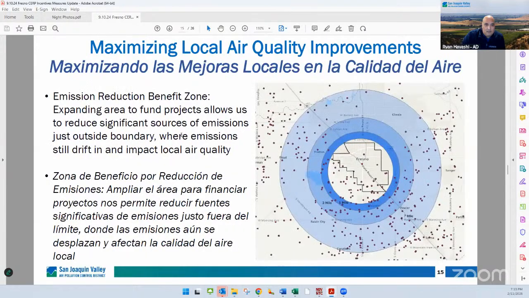Some of these we already shared with you. So this is what it looks like in terms of applications that we have right now for tractor replacement. We had a very successful program. There's no more funding for it from the state level. And so these are applications that currently would not be funded. And we were looking for things that we would be able to do quickly to get emission reductions within the community.